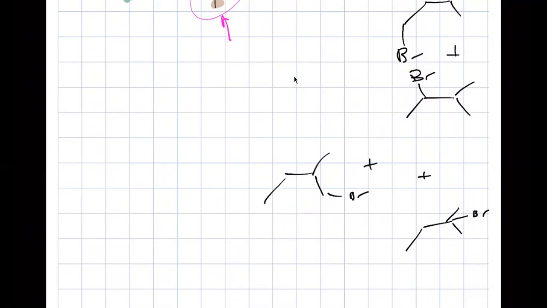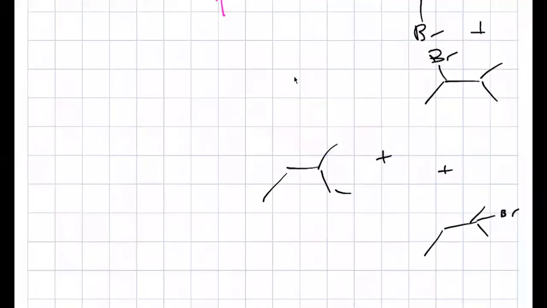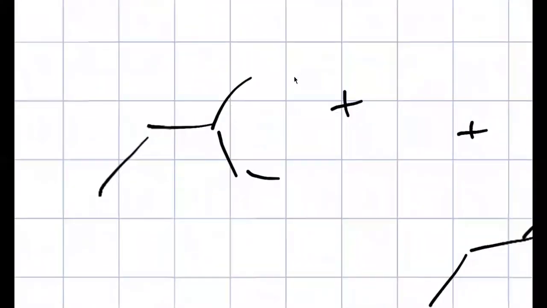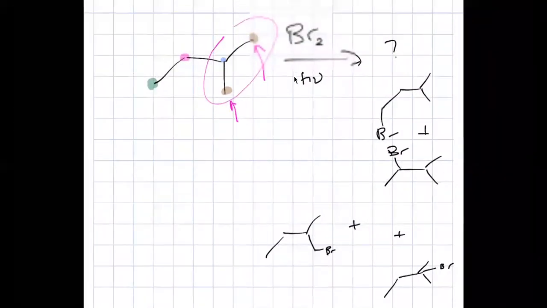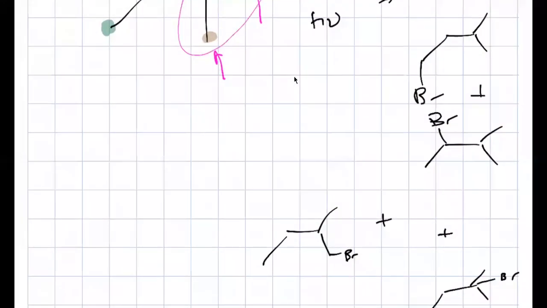Let me make sure I get this drawn properly. All right, are we following that? So you're going to get 4 different products, again, because the two carbons highlighted in brown are identical, so you only need to worry about one of those as it relates to product formation.